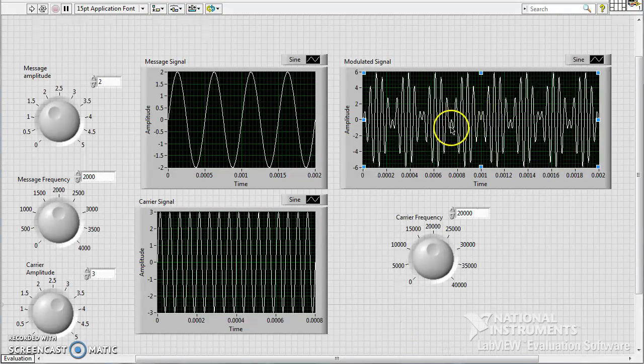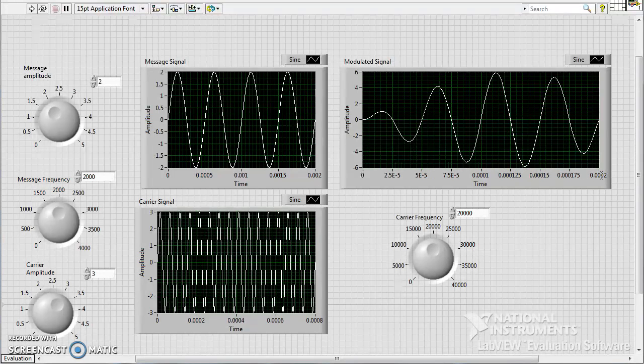You can clearly see the phase shifts over here, which look like an M and a W format. You can reduce the scale and have a look more clearly. I'm just reducing the scale.